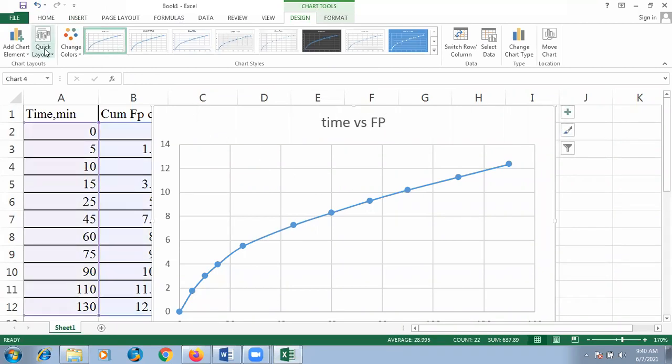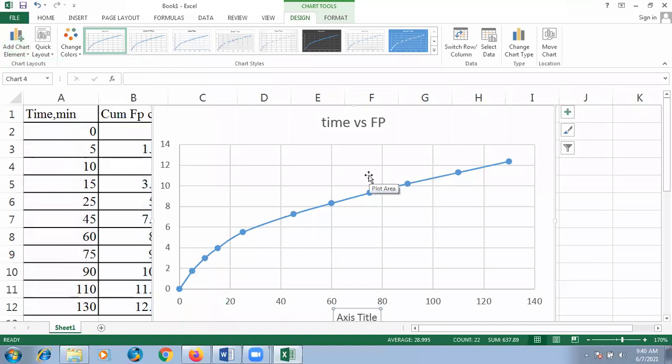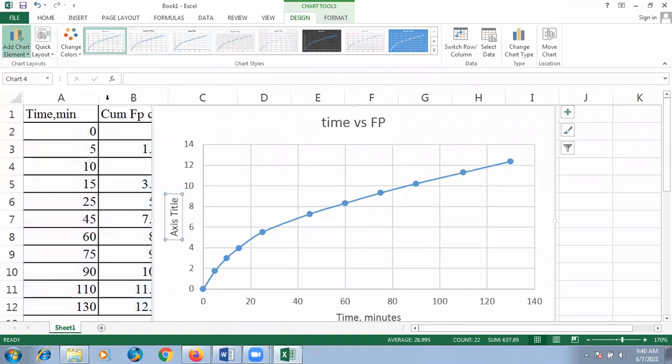And again, here the axis has to be mentioned. Axis title, primary horizontal, time in minutes, and similarly, primary vertical, cumulative infiltration in centimeter.